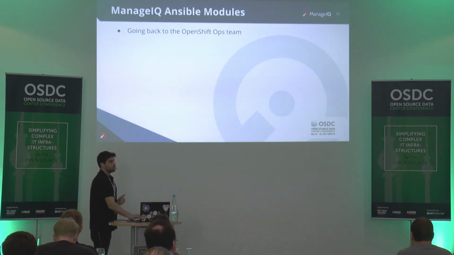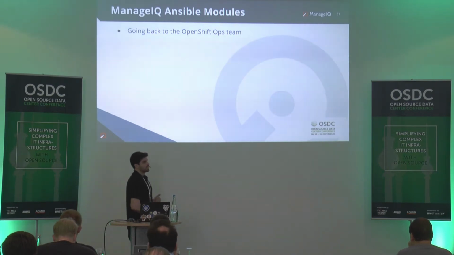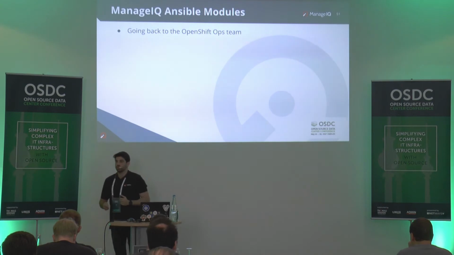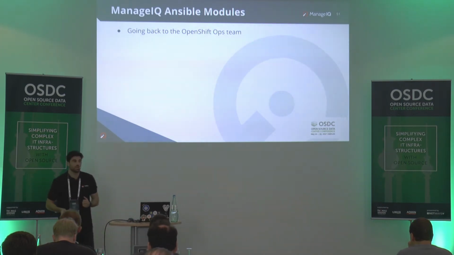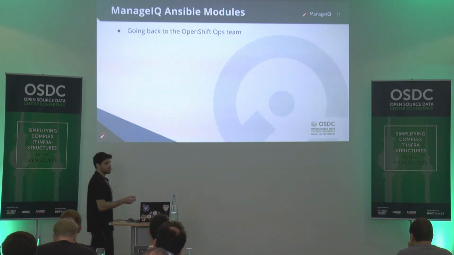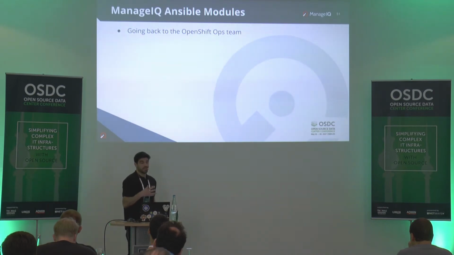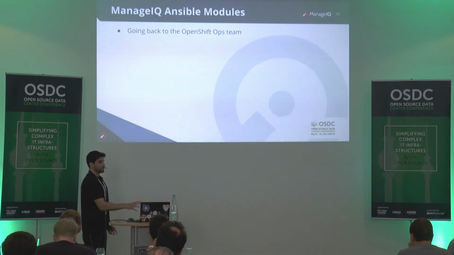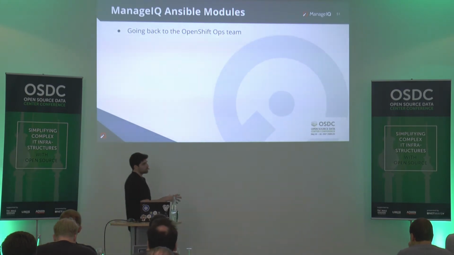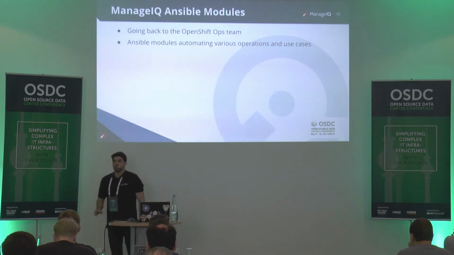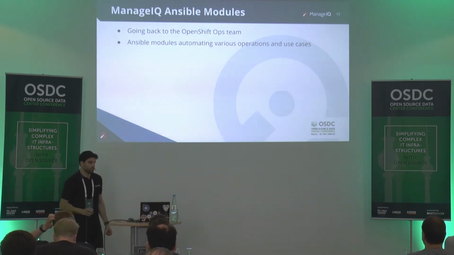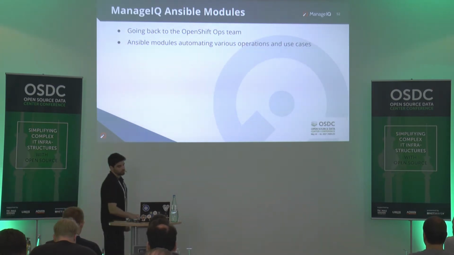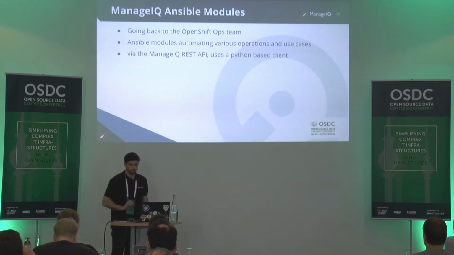So we talked to them and realized that they already know Ansible, and it is a very useful tool. So why not just write dedicated ManageIQ modules for them, so that they'll be able to use them instead of learning all about ManageIQ using its UI or REST API. So the Ansible modules come to automate and configure different operations and use cases in ManageIQ.